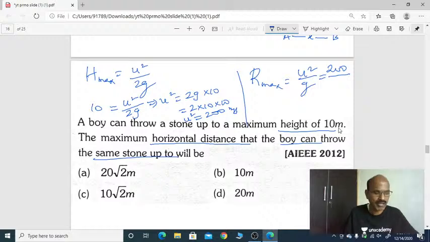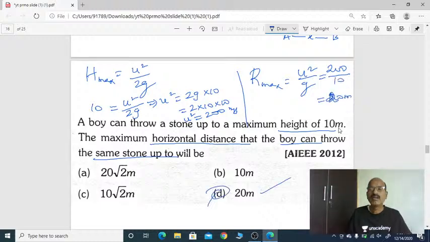That's it. So 200 by 10, you will get 20 meter. Option D is correct. When you throw the stone to a maximum height of 10 meter, H maximum equals u square by 2g. So you got it.